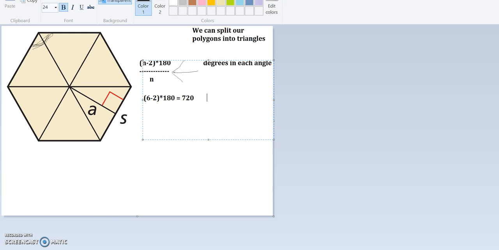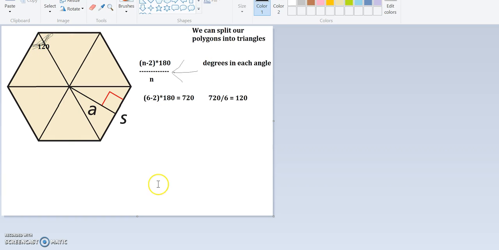And I have a hexagon, so to find each angle I have to divide 720 by 6, and I get that it's 120 degrees. So this angle over here that I've marked off is 120 degrees.